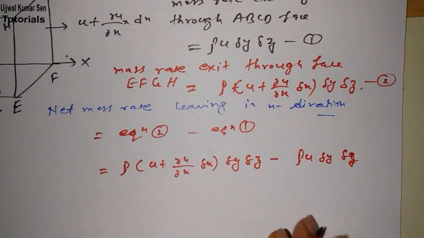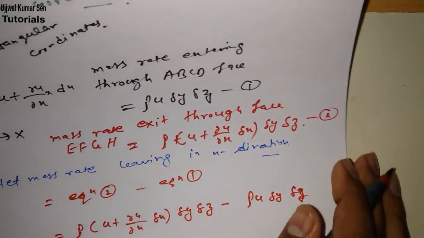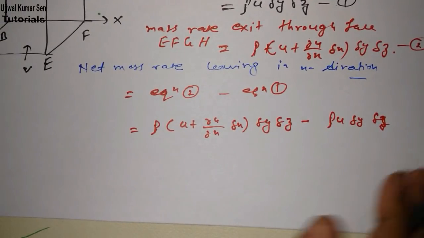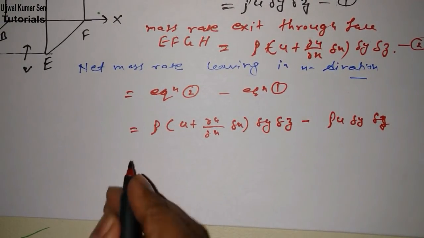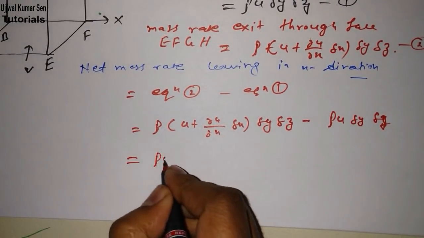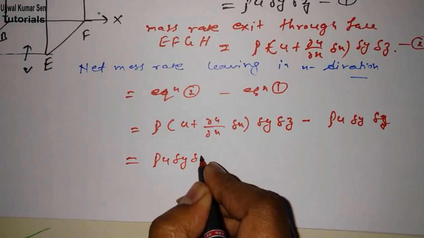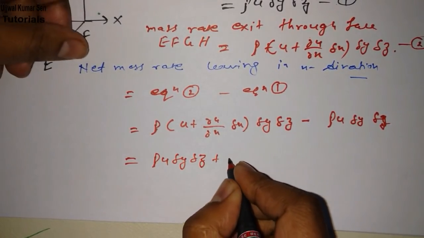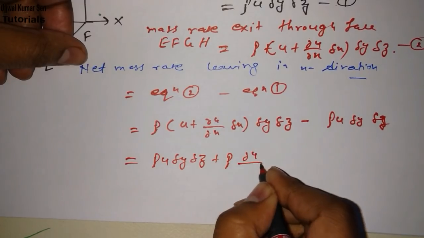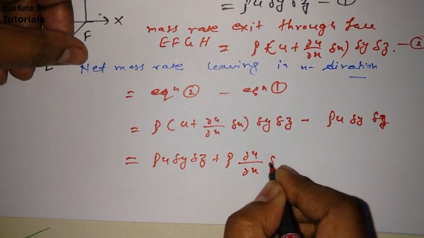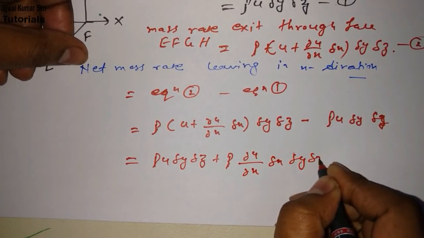Now do a little multiplication here so we can simplify further. Then the rho u del y del z terms cancel out. So what remains here is rho ∂u/∂x del x del y del z.